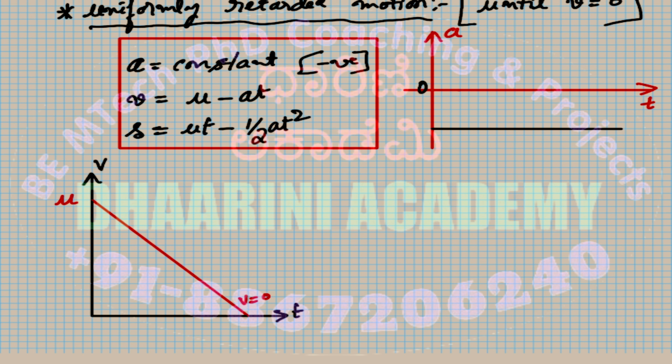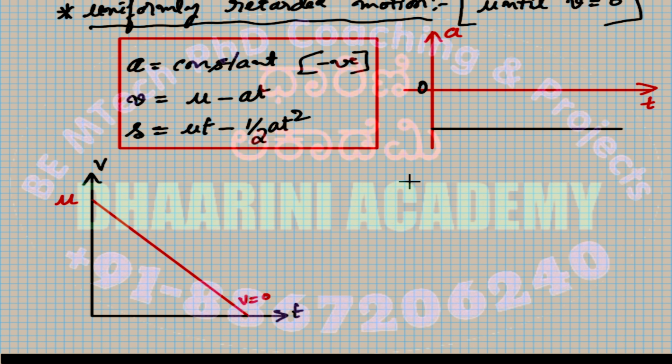Okay, the next graph I'm supposed to consider is s versus t. This is the displacement s versus the time t. Now you see, as the time progresses, initially you will start with 0, and it is ut minus half at square.